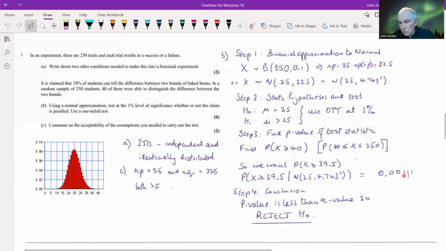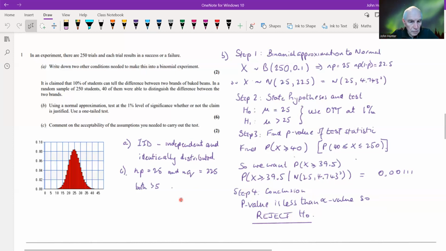Right, okay, so 0.0111 is less than the alpha value, quite a bit less than the alpha value. So therefore, we're going to reject the H0 because we're into the territory where we're saying, well, this is pretty unlikely to have happened by chance. So that's basically how that works.